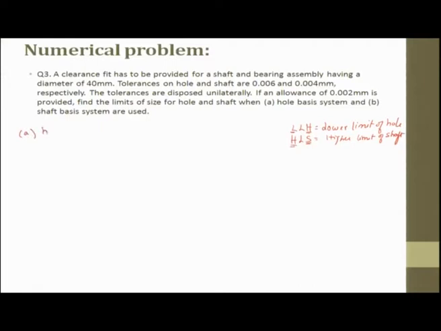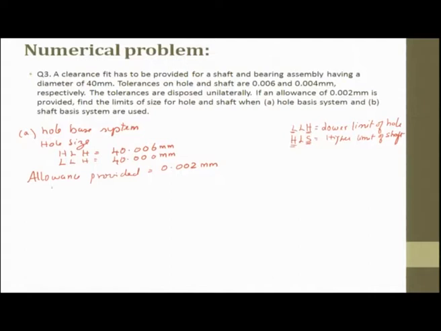So, we will take a hole based system. For a hole based system, the higher limit of the hole, HLH, is going to be 40.006. The lower limit of the hole is going to be 40.000. These are all in millimeters. Now, what is the allowance provided in the problem? It is 0.002. So, allowance provided is equal to 0.002 millimeter.